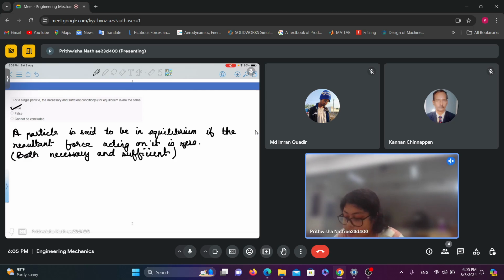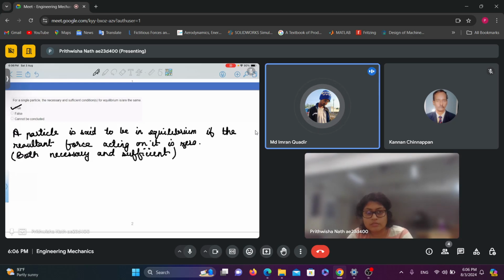So this is both the necessary and sufficient condition in case of a particle. So this statement is true. Is there any doubt? No, ma'am.